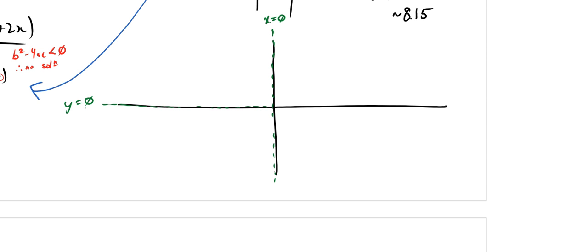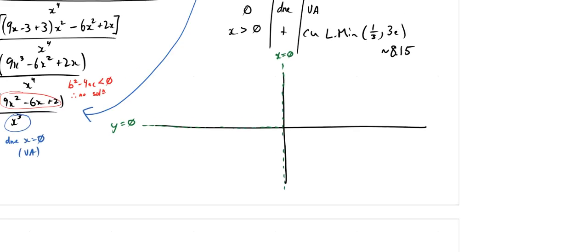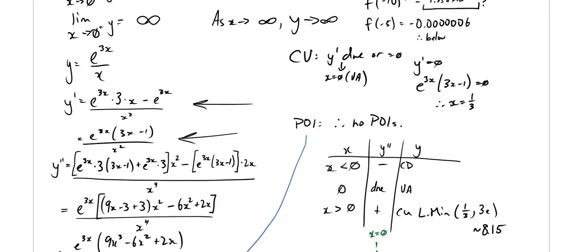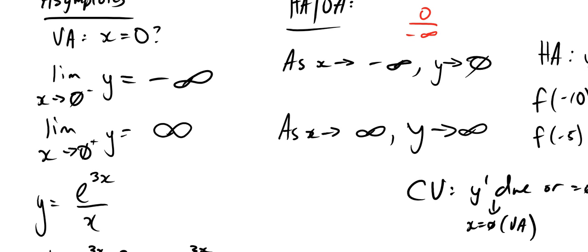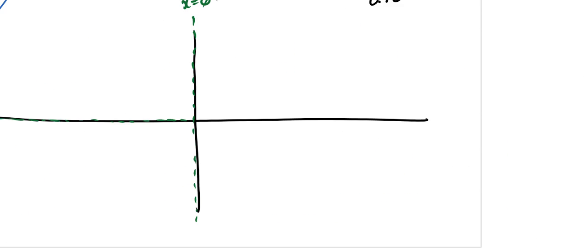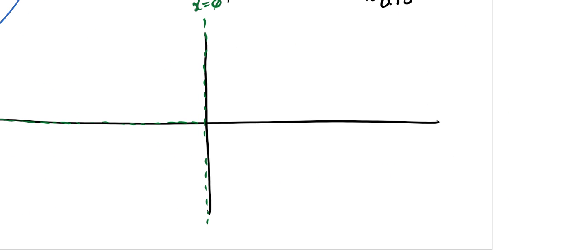You can draw it all the way along. I don't care about that, but we don't need it going off to the right. Let me go back up and review my asymptotes. As it approaches from the left, the vertical asymptote, it's going down to negative infinity. As it's approaching from the right, it's going to positive infinity. So going back up, it's going to look something like this and something like this.